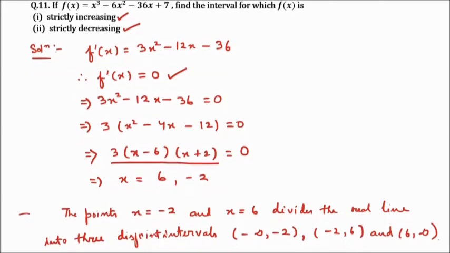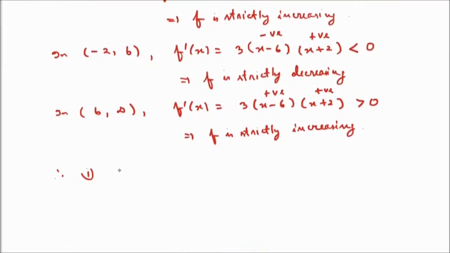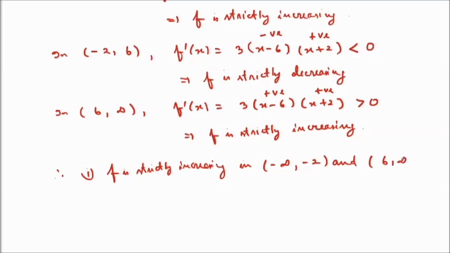So you can say f is strictly increasing in the interval minus infinity to minus 2 and 6 to infinity, and number 2, f is strictly decreasing in the interval minus 2 to 6, which is my required answer.